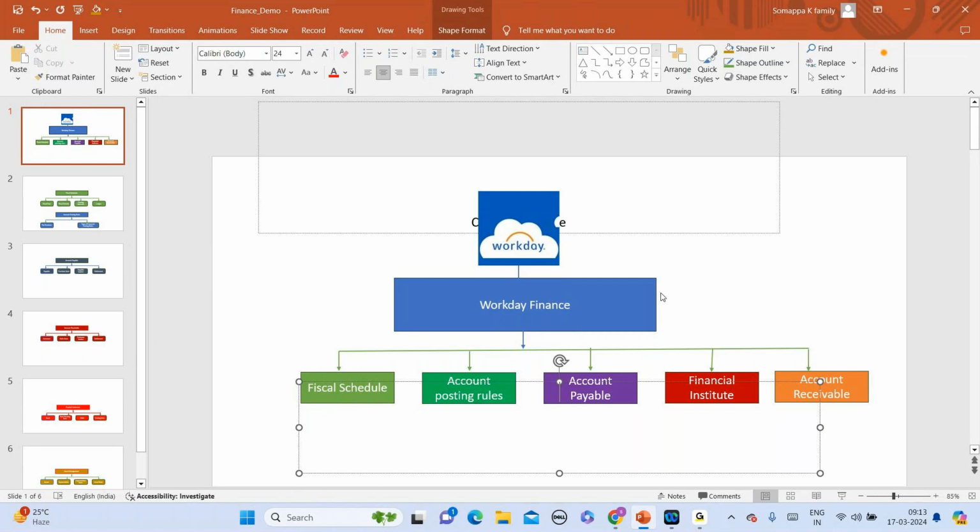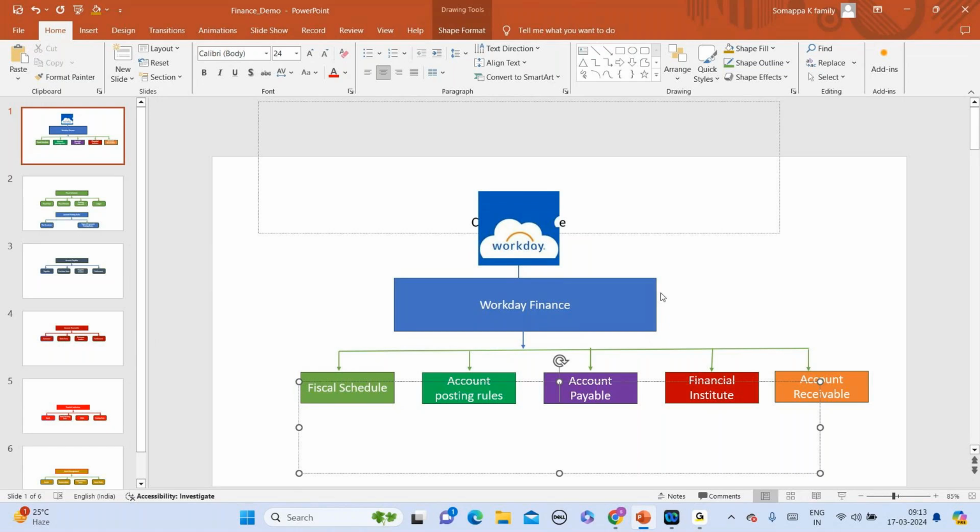We hire an employee into a supervisory organization and put his details in the organization. Whenever you are recruiting an employee, we appoint him under the supervisory organization. So that is about the HCM.